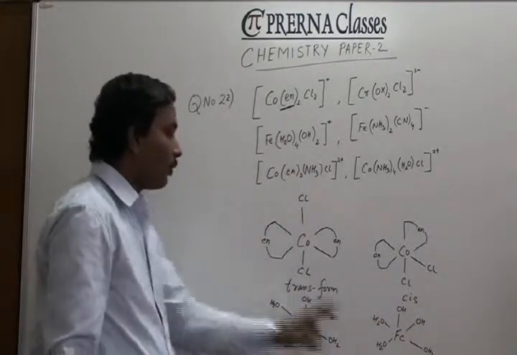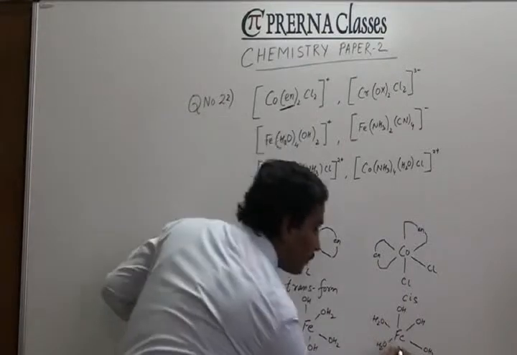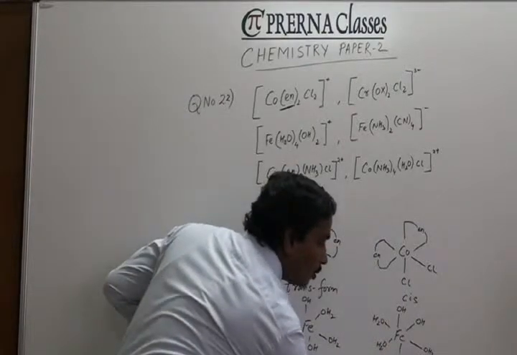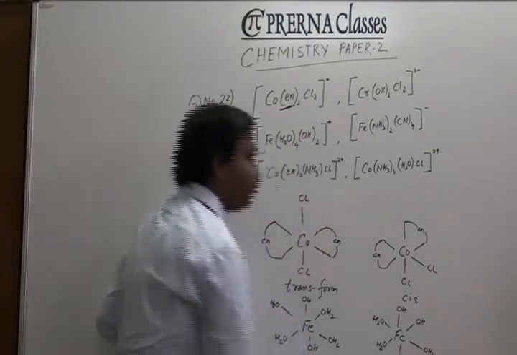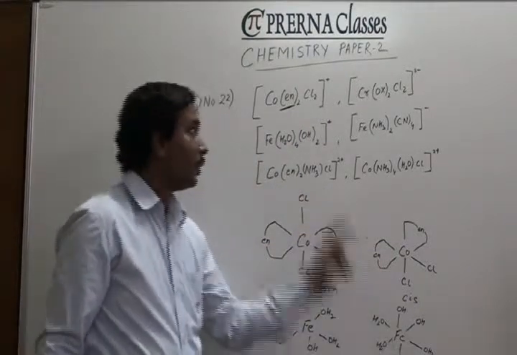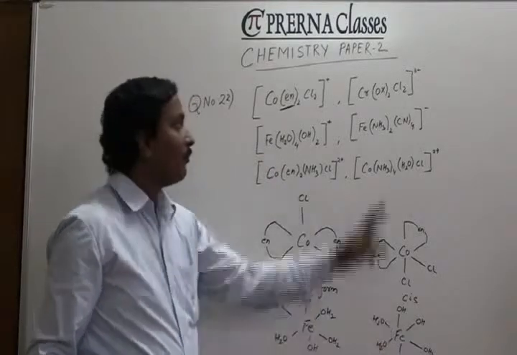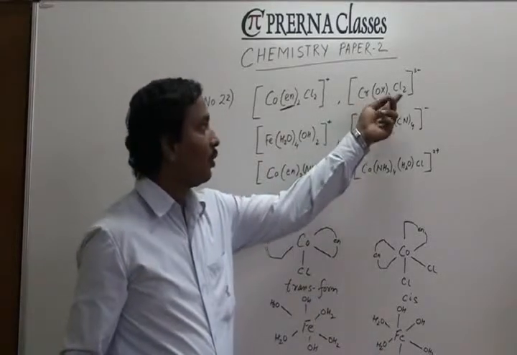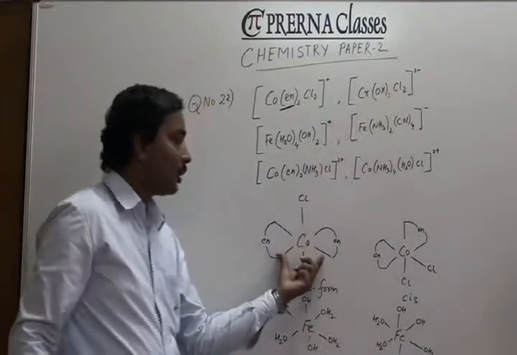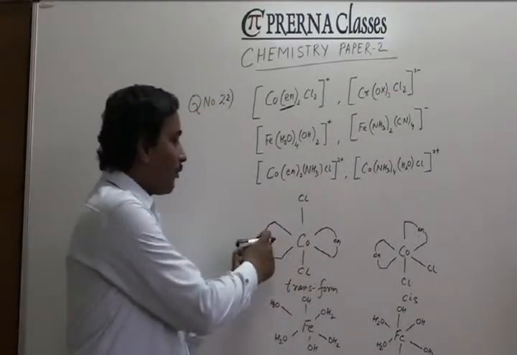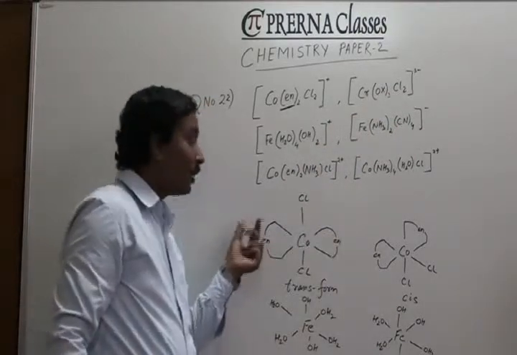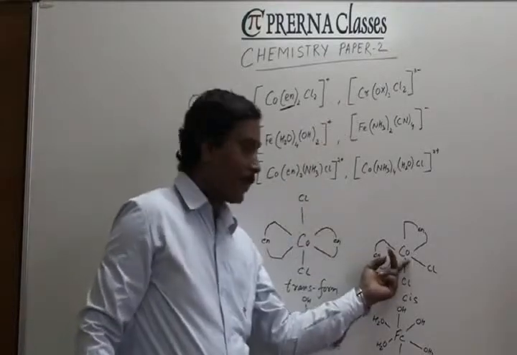That means this compound will also show the cis and trans forms. So we can say the first and this one will show cis and trans forms. When we compare with Cr(OH)2Cl2, it is identical to the first one. Instead of en we can write OH, that means it will also show cis and trans forms.